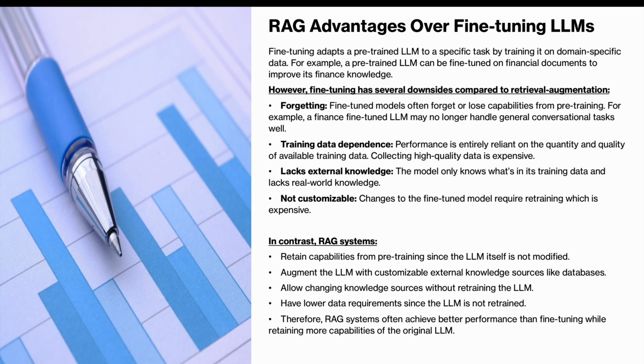However, fine-tuning has several downsides compared to retrieval augmentation. For example, forgetting. Fine-tuned models often lose capabilities from pre-training. As an example, a finance fine-tuned LLM may no longer handle general conversational tasks well.